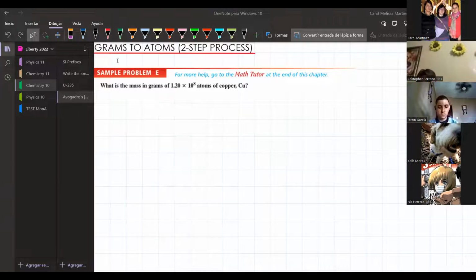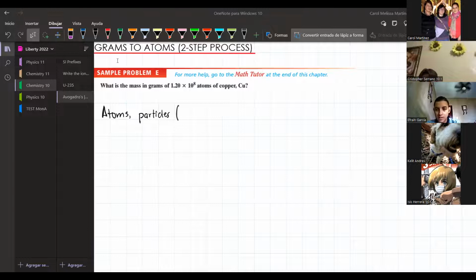Okay, so pay attention to this example. Whenever you see atoms or particles, I'm going to write these keywords: atoms, particles. What subatomic particles do you know from the atom?